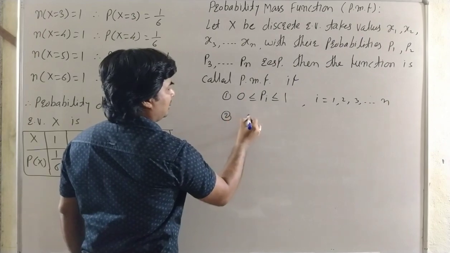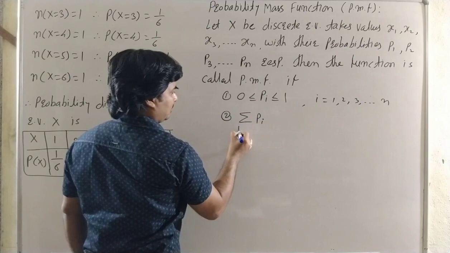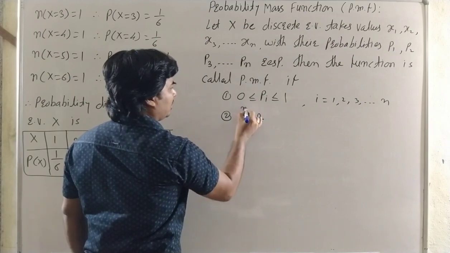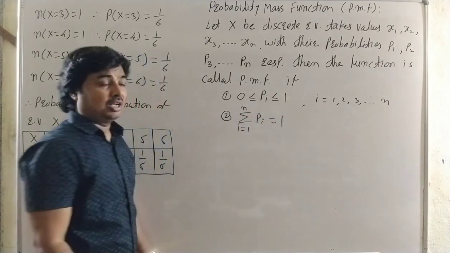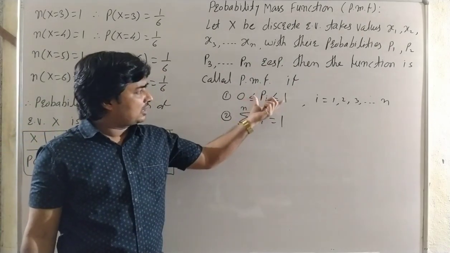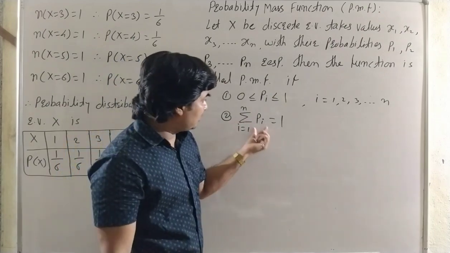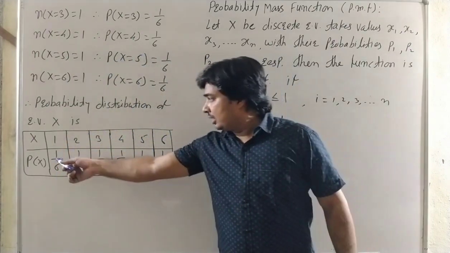And the second condition is that the sum of all probabilities, where i is equal to 1 to n, is equal to 1.